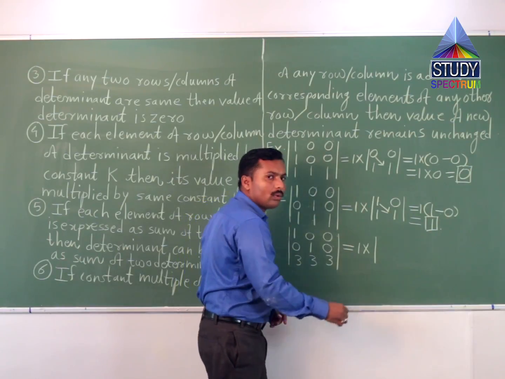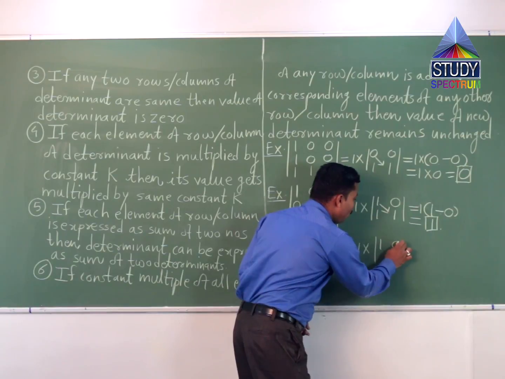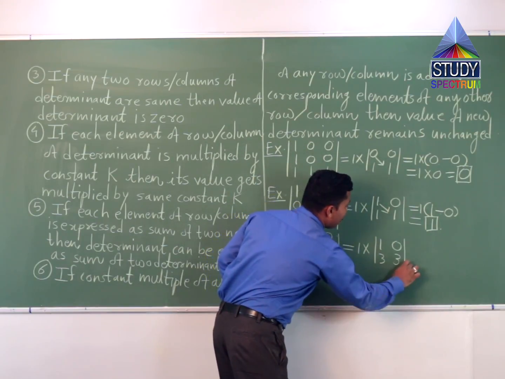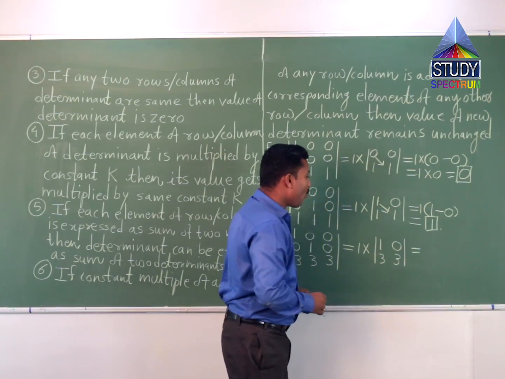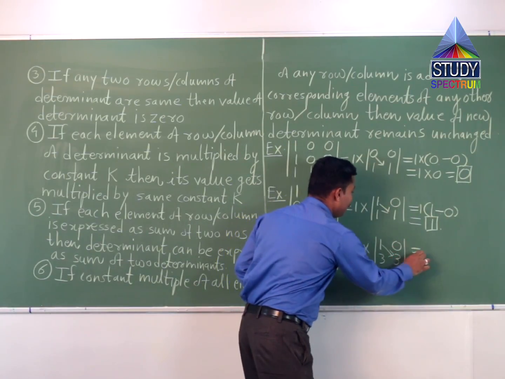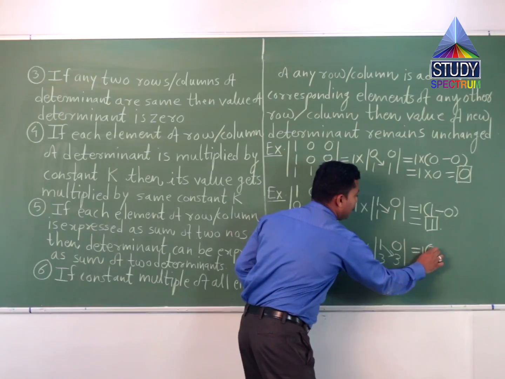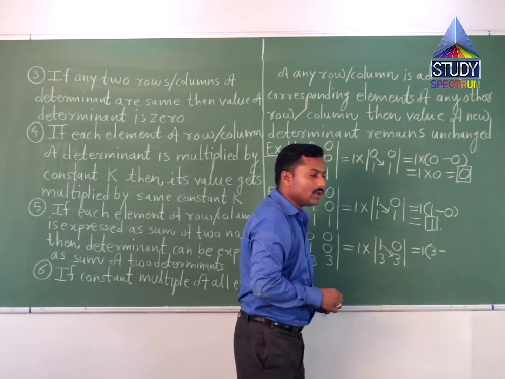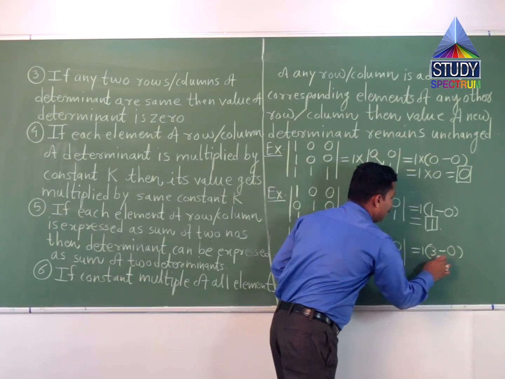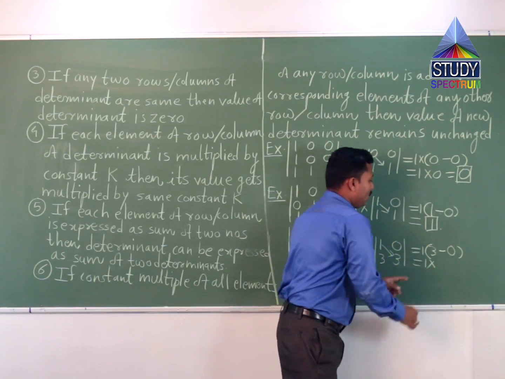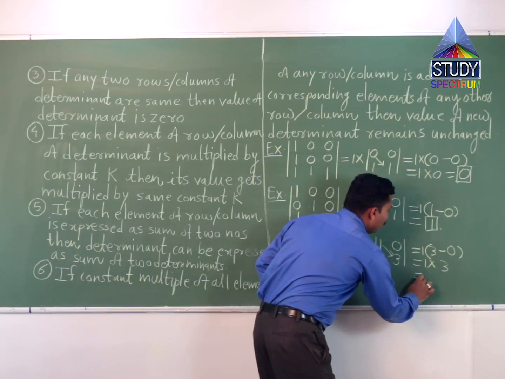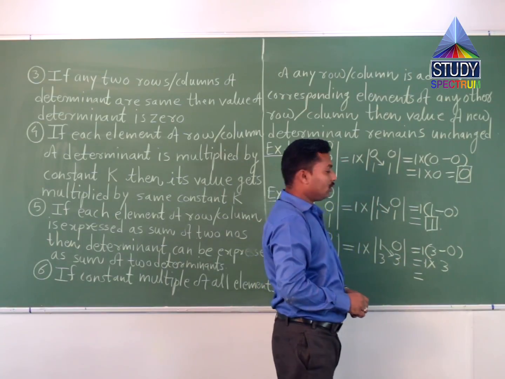So the determinant of 1 0 3 3: 1 into 3 3 means 1 into bracket 3 minus 0 into 3 0, and 1 into 3 minus 0, what? 3. Equal to 1 into 3, again 3.